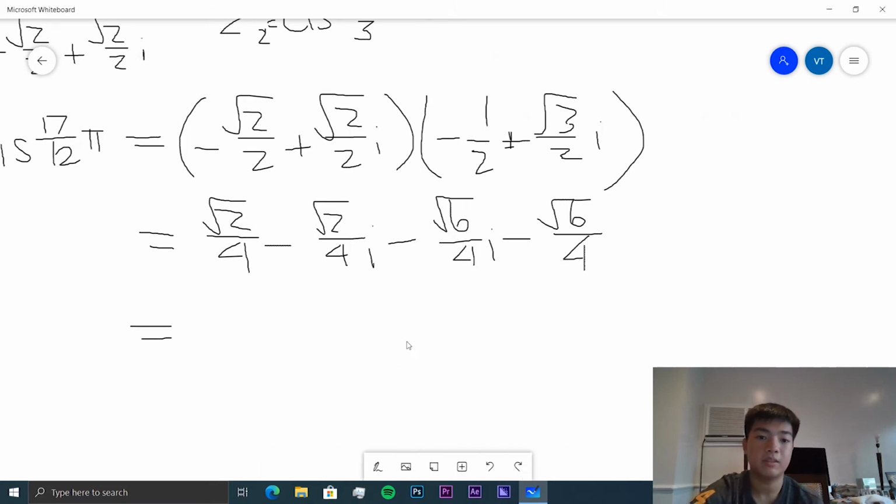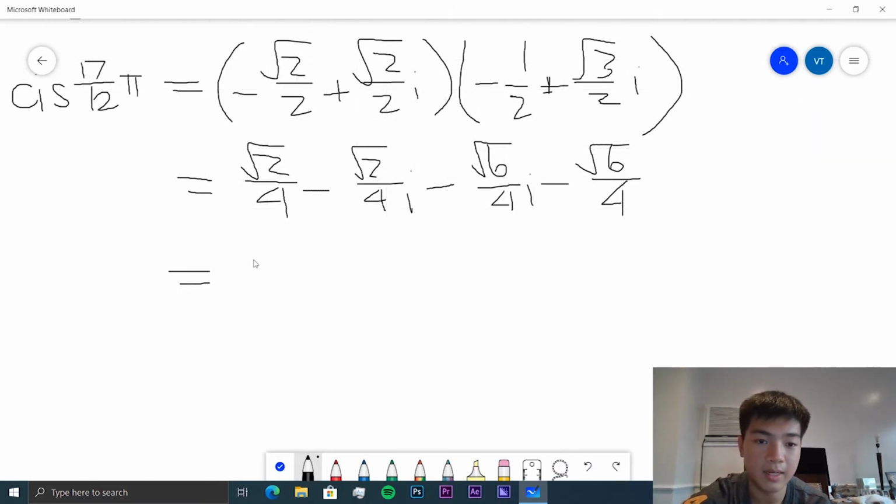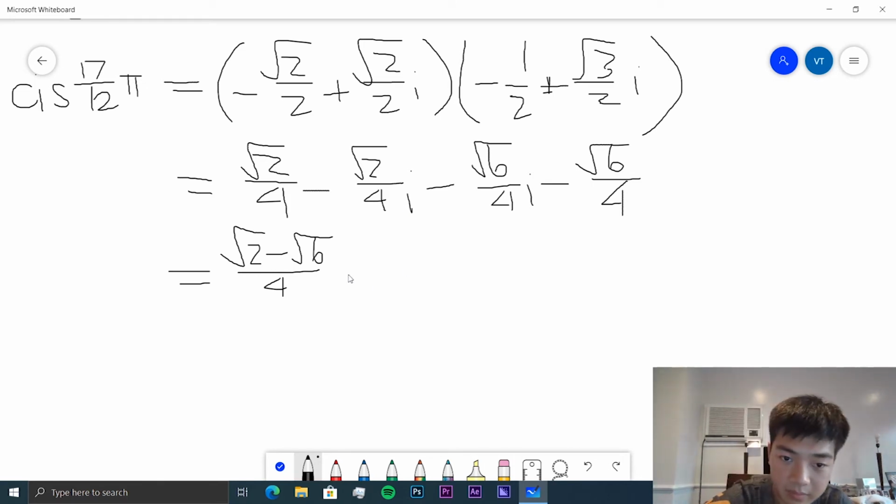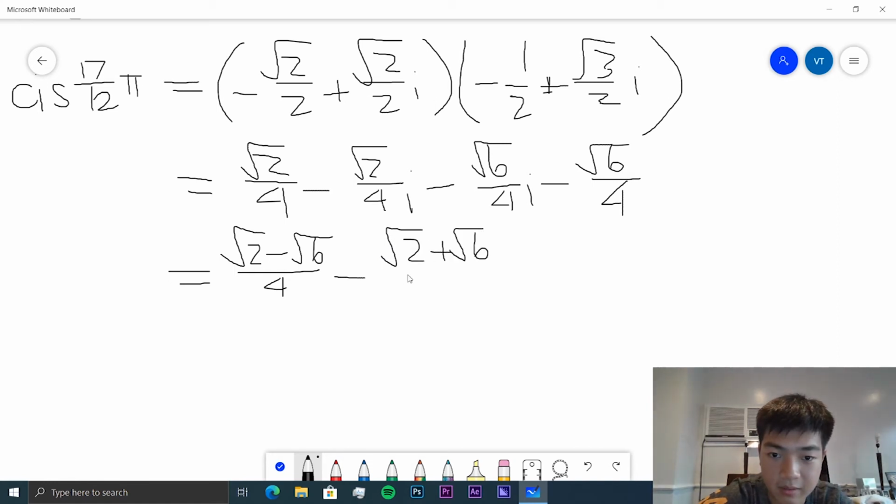So this is equal to, oh actually no, it's just equal to, what is this, square root 2 minus square root 6 over 4, this is negative 2, so this would be minus square root 2 plus square root 6 over 4 i.